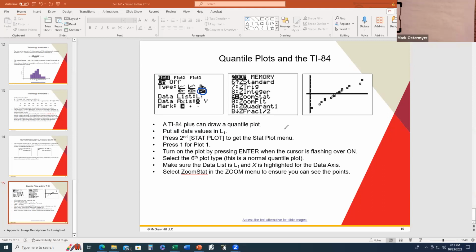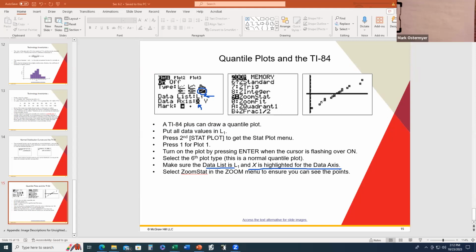And bottom line is this: when you build a quantile plot for a list of data, maybe list 1 here, you have to specify, make sure the data is in list 1 and X is highlighted for the data axis. So you want to select for the data axis the x-axis always. Just always select the x-axis.